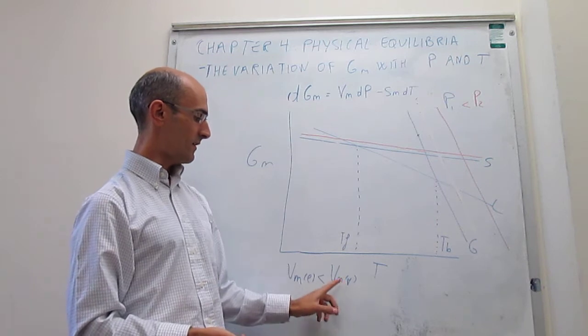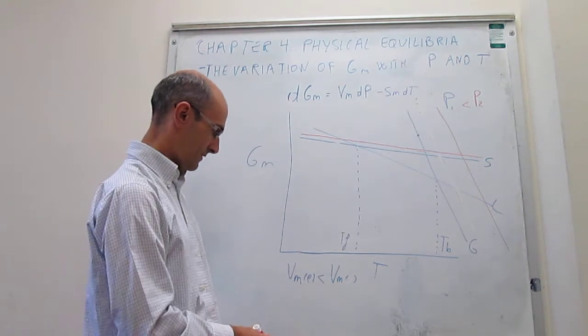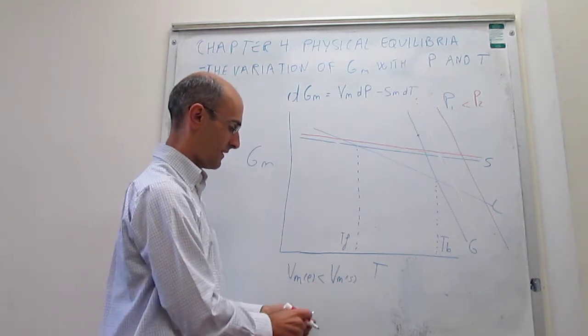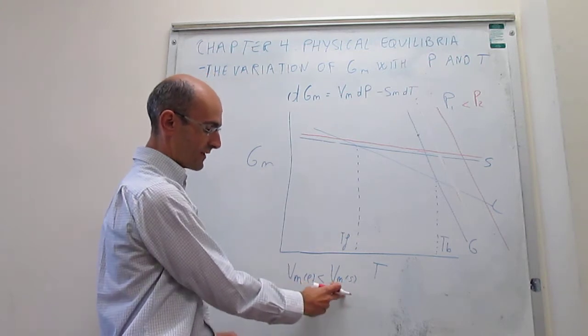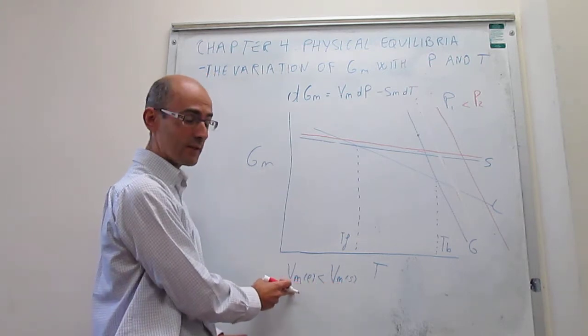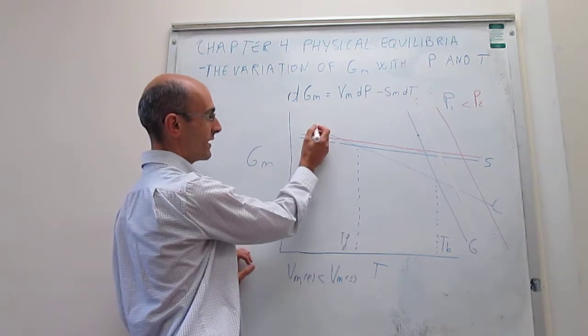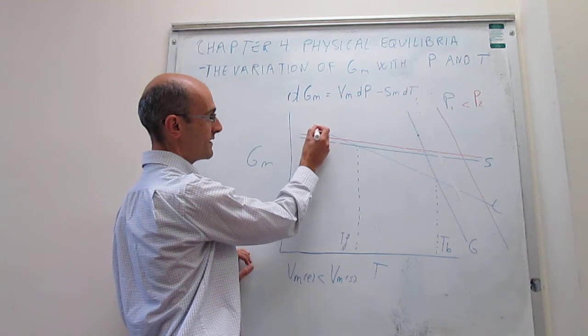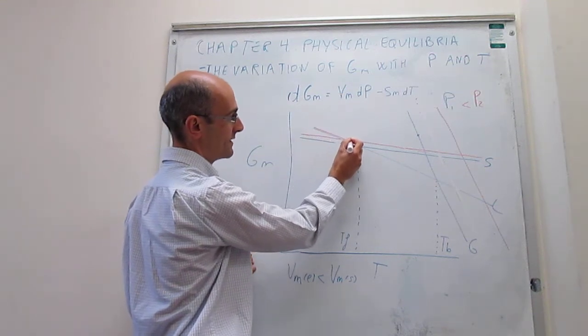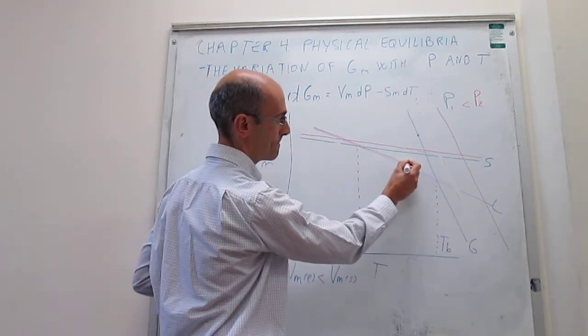That offset for the solid is related to the molar volume. And notice that the molar volume of the liquid is a little bit smaller than the molar volume of the solid. So when I draw this line right here, that offset is going to be smaller than what I have for the solid.